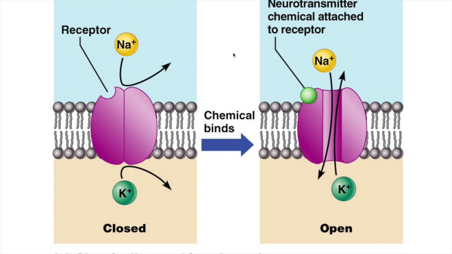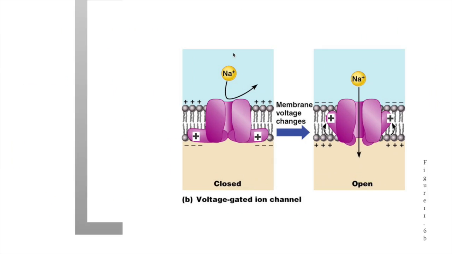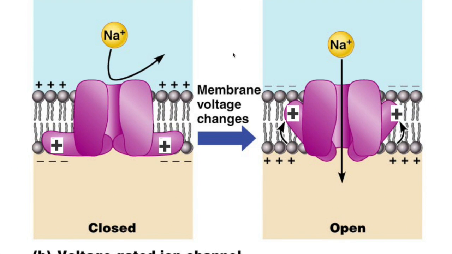And we have some of those in muscle, but we also have what are called voltage-gated ion channels. And neurons and muscle cells have these voltage-gated ion channels in their plasma membranes. And these channels are open or closed by changes in the membrane potential. And the way we think these work, remember they're proteins, and proteins are made up of amino acids.